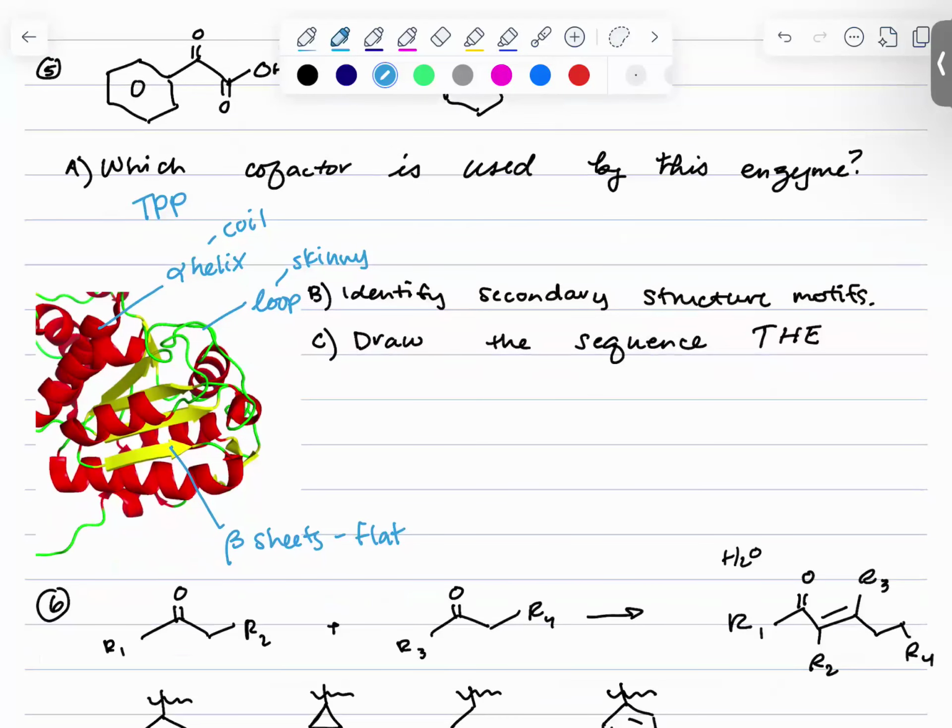The first thing I'm going to do is draw out that backbone. We are always going to start with the amine side. And the pattern to remember is amine, carbon, acyl. We have 3 amino acids, so we're going to do this 3 times. Amine, carbon, acyl, amine, carbon, acyl.